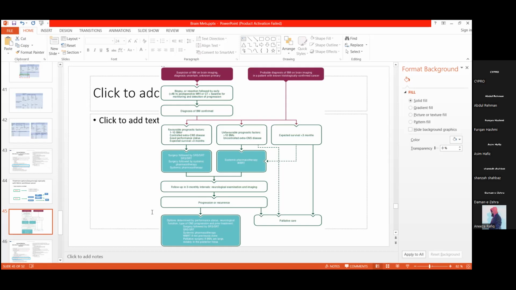Even with fractionation, there is a criterion. You have to be careful when you have a 3 cm size. It's safe there, but above that it is difficult for the patient. I counsel them and explain the possible toxicity, in fact radionecrosis, which is something we have seen happening quite a lot.